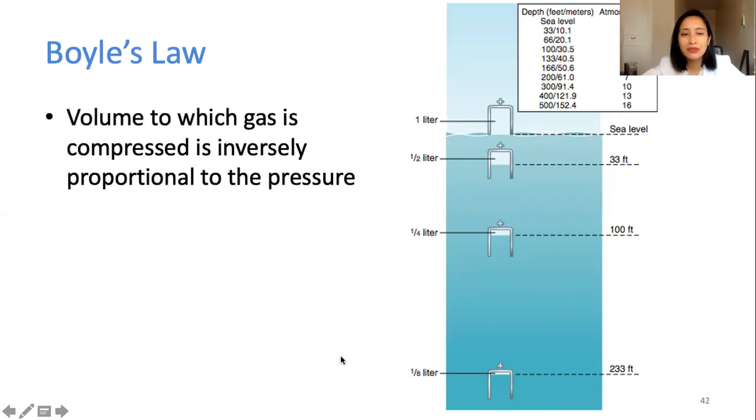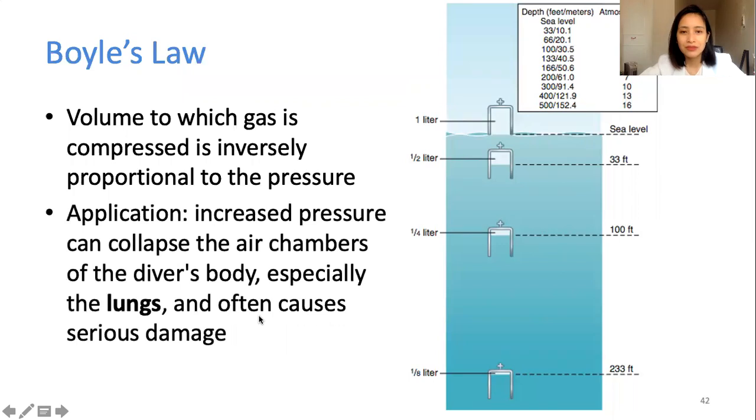So remember Boyle's law, the volume to which gas is compressed is inversely proportional to the pressure. So let's see here, the pressure here is 1 atmosphere at 1 liter of volume. Here at 100 feet, the volume is only 1/4 liter, but the pressure is greater, and so on and so forth.